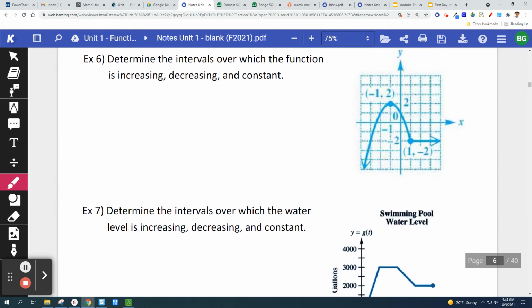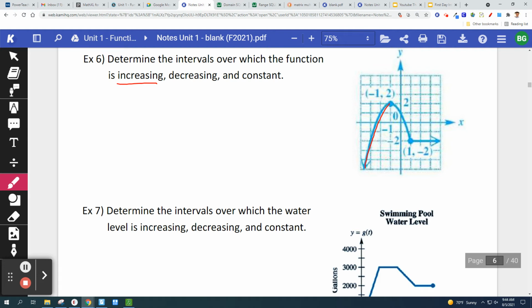Number 6, last slide. Determine the intervals over which the function is increasing, decreasing, and constant. So increasing, decreasing, and constant, it's basically talking about part of the domain. I think it's fairly simple to see where this graph is increasing. You're looking right here. That's the part of the graph that's increasing, correct?